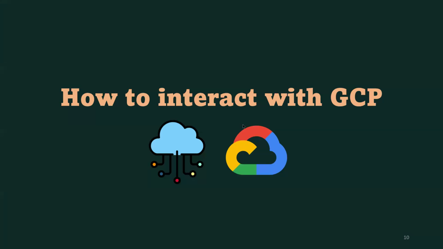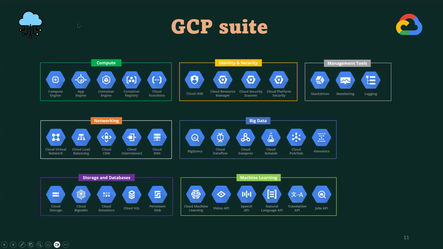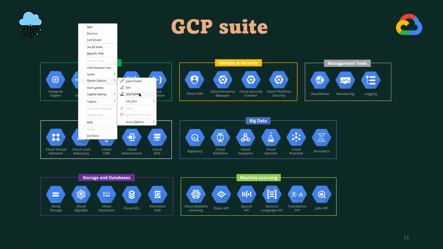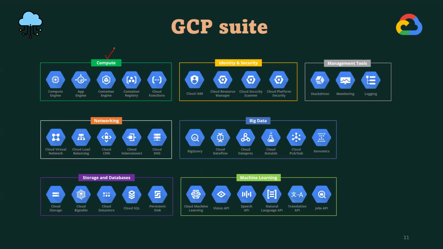Google Cloud Platform provides plenty of services: compute services, identity and security services, management tools, networking services, big data services, storage and database services, and machine learning services. These are the set of services that Google Cloud Platform is offering.